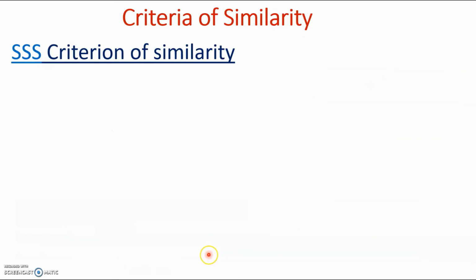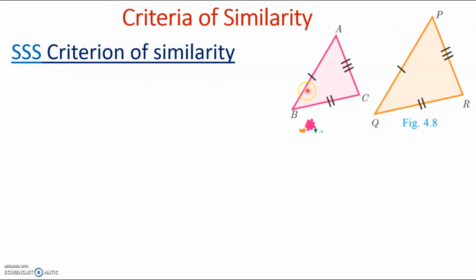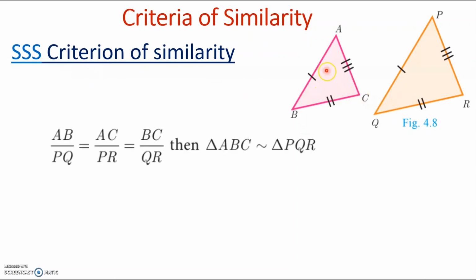Let's look at the third criteria. It's very simple. If you have all three sides proportionate to each other, then they are similar triangles. Let's look at these two triangles and say that AB over PQ is equal to AC over PR, and that's equal to BC over QR.